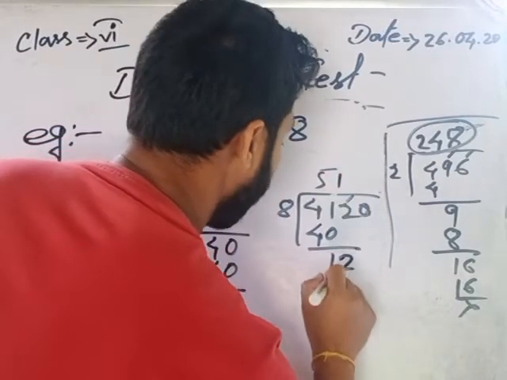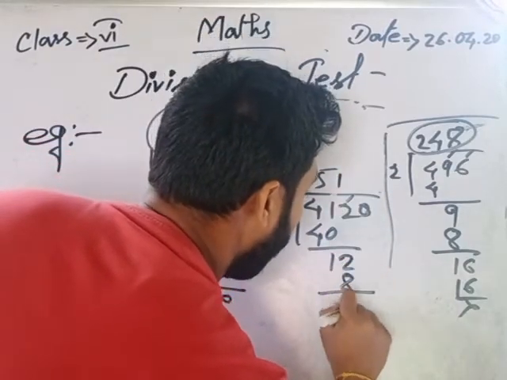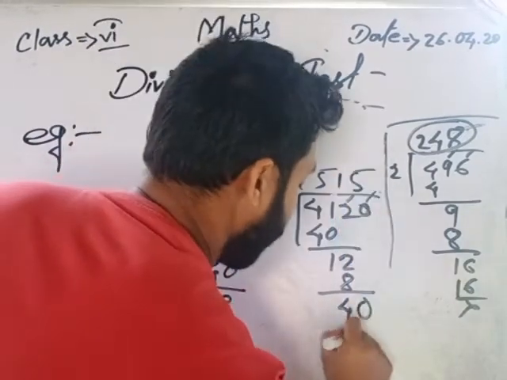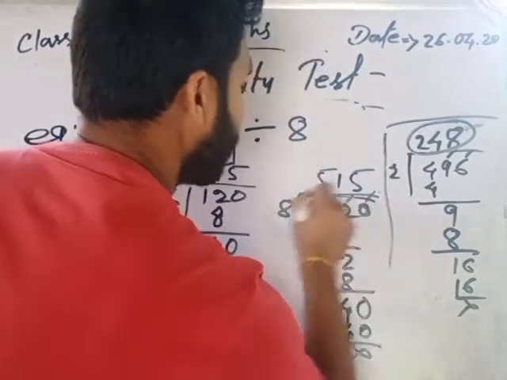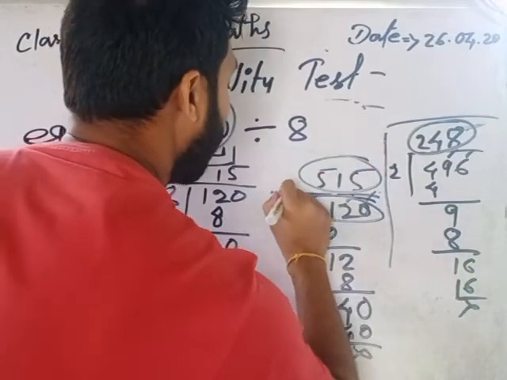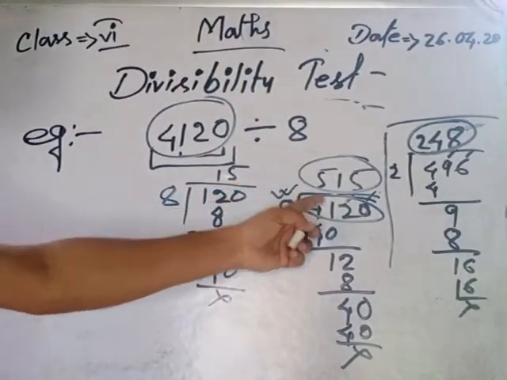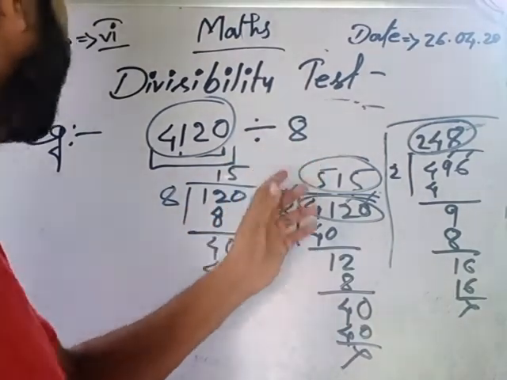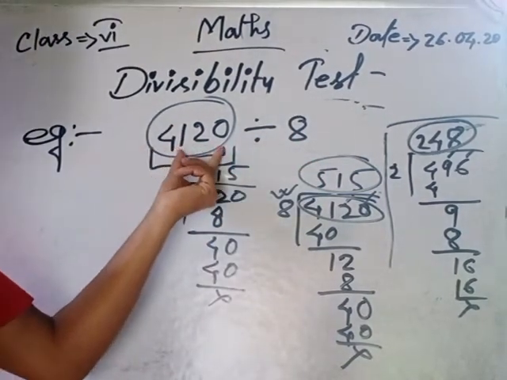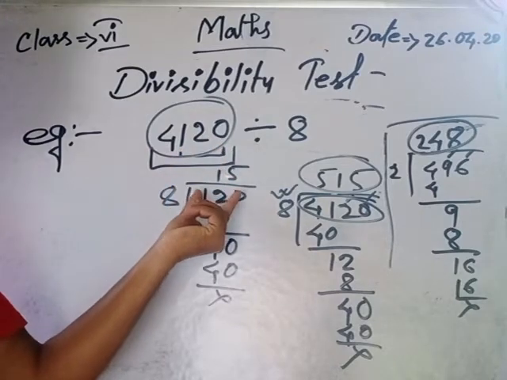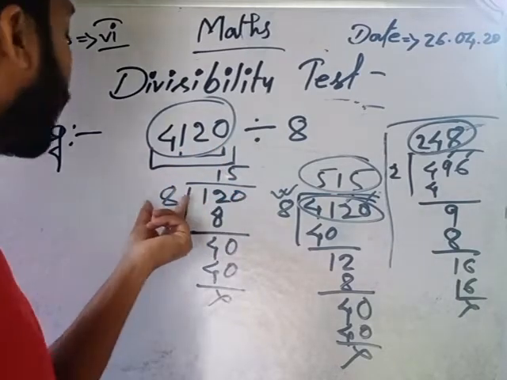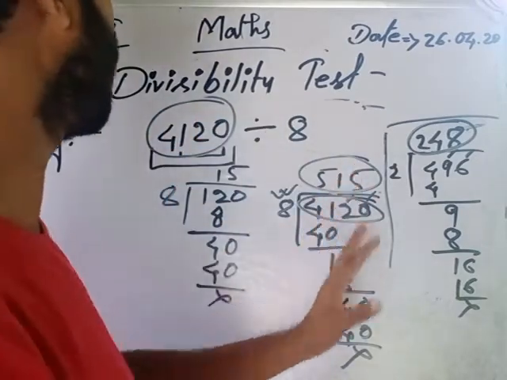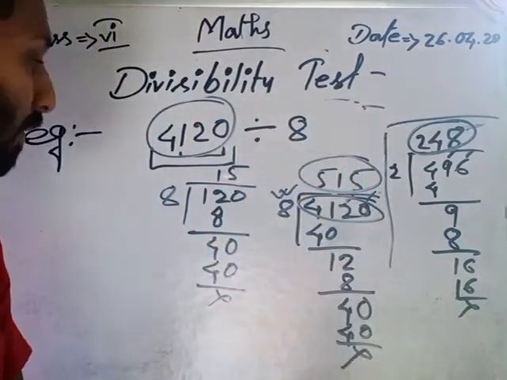That means 8 1s are 8, 4 left, 0 is here, 5 8s are 40. That means this number is completely divisible by 8. So the divisibility test of 8 is like this: if the number formed by the last 3 digits is divisible by 8, then the whole number is divisible by 8.